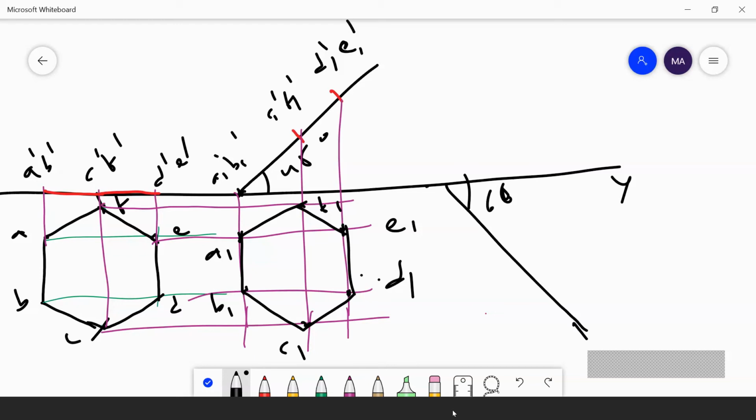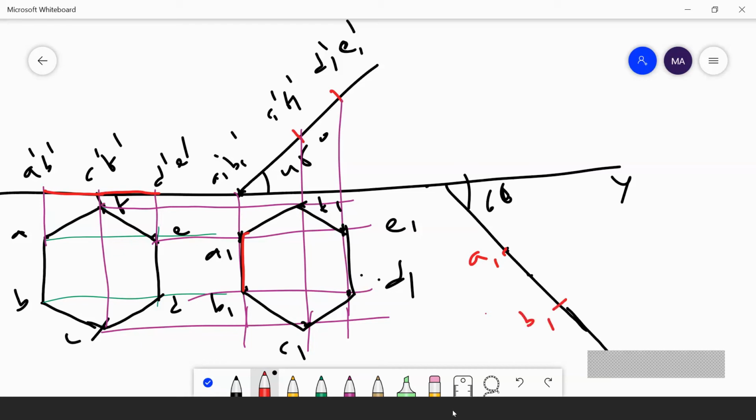Okay, so I am taking A1 point here. And I am measuring the distance from A1 to B1 and cutting an arc here.